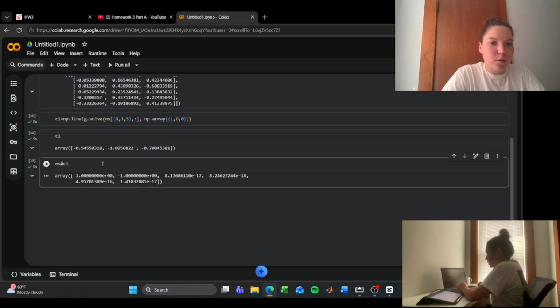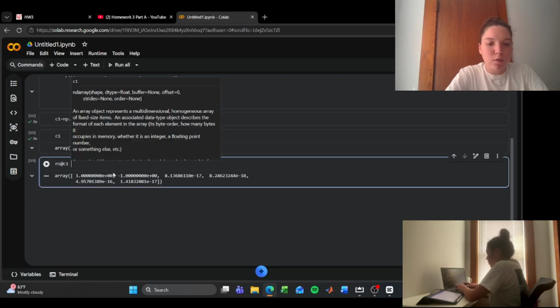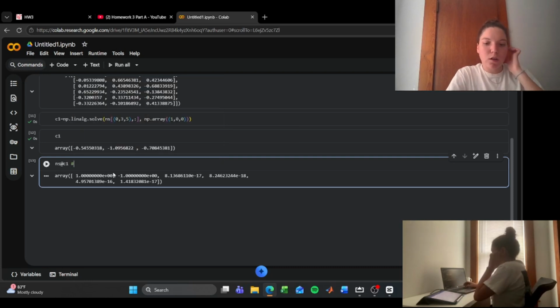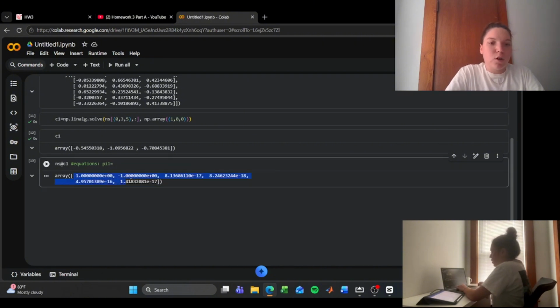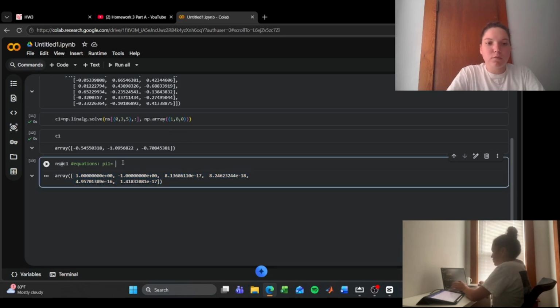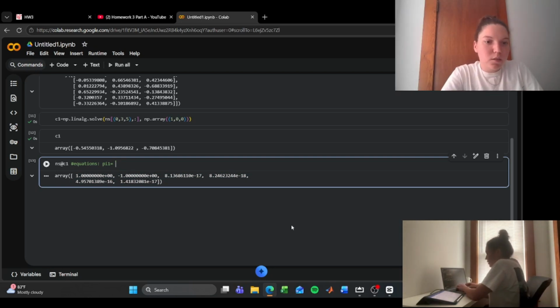Okay, so we get these values here. So looking back at our pi equations, this was using the first equation that we set up. So these values are going to be what we're raising each of the variables to, like what power we are raising them to.